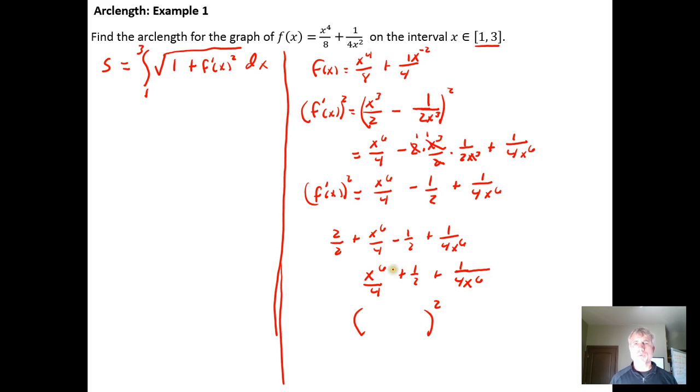The candidate would be to take the x to the 6th and make that x to the 3rd, and the 2 squared is 4. So x cubed over 2 times x cubed over 2 is x to the 6th over 4. So squaring x cubed over 2 would give me this back.